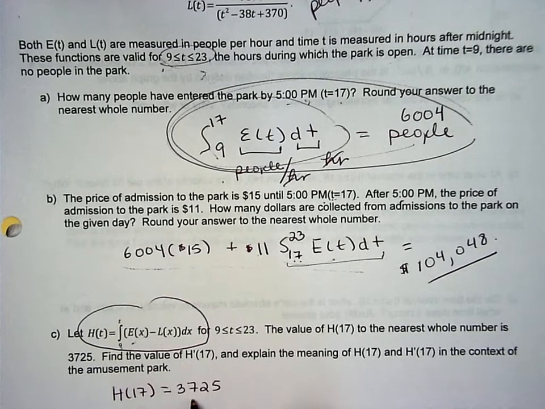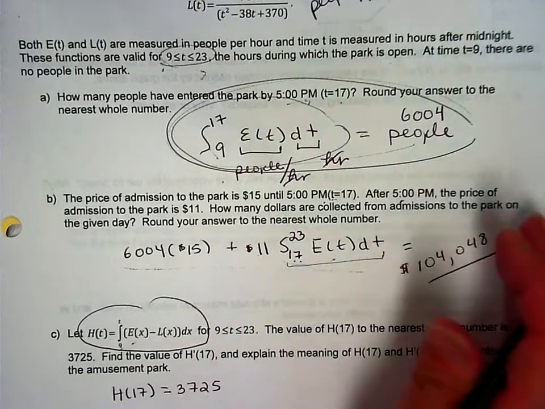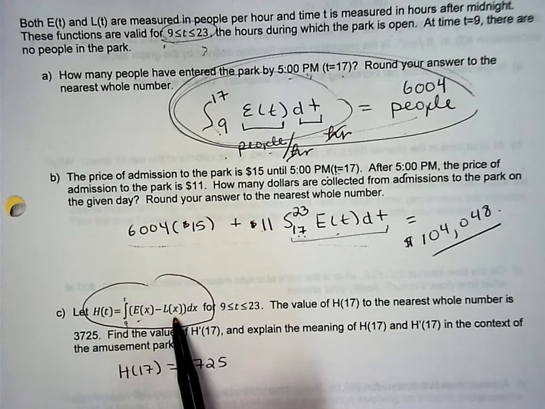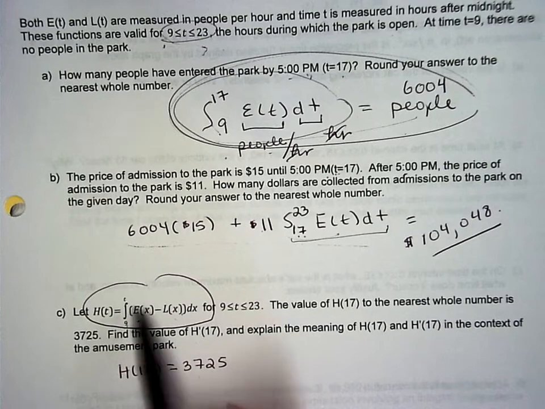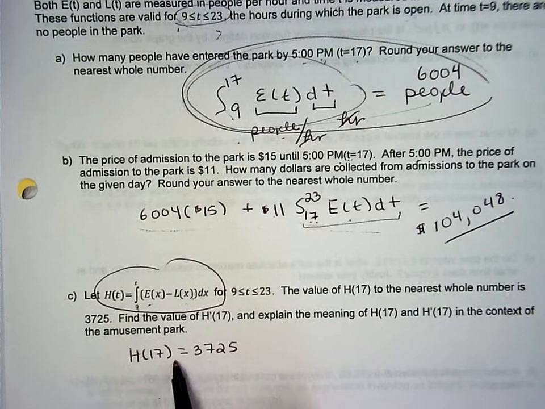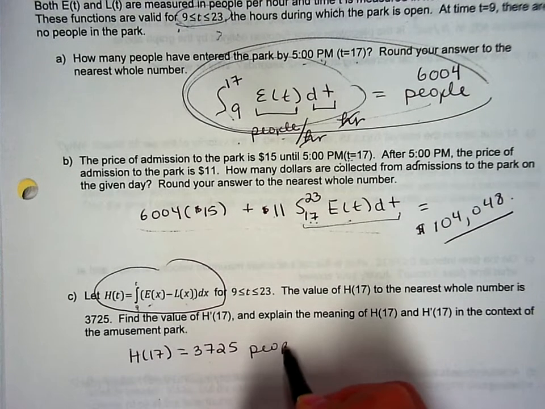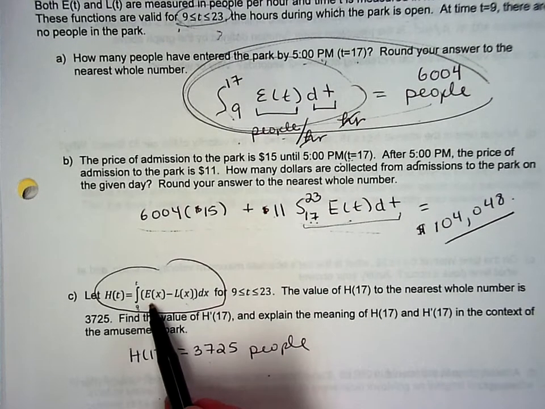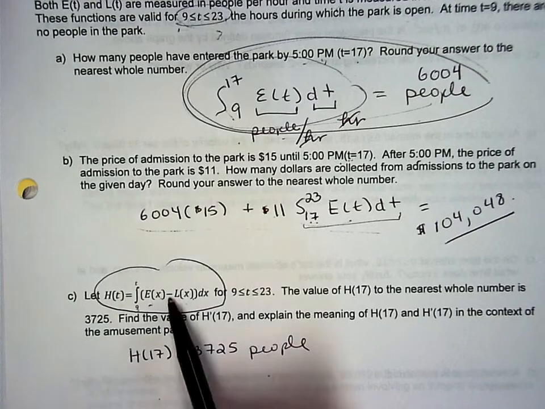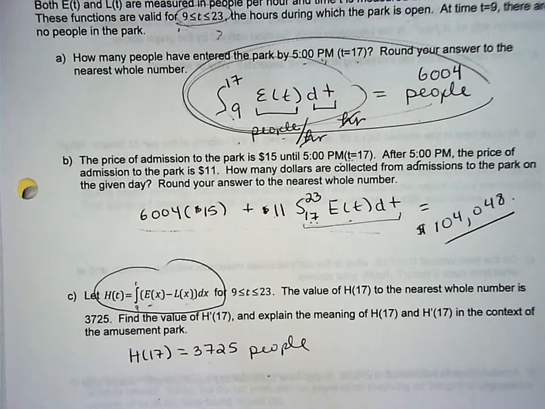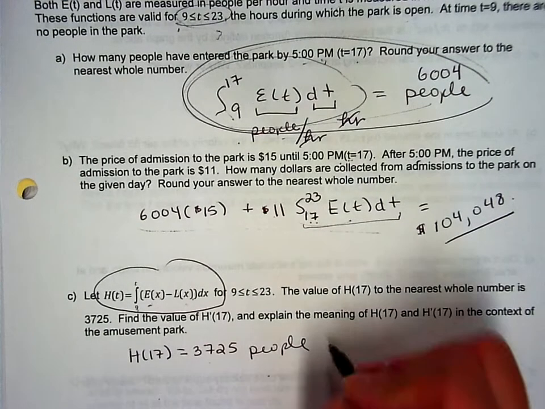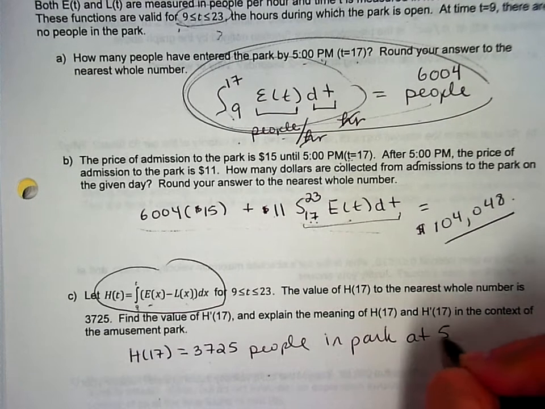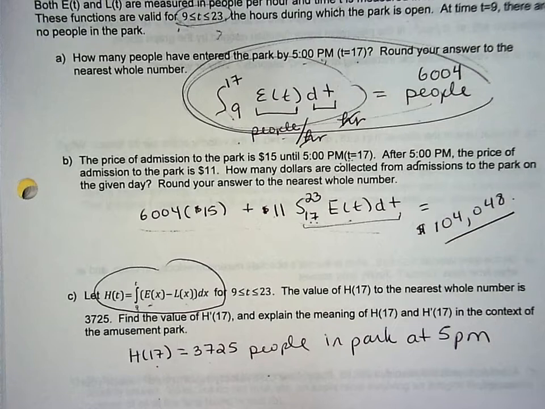So when you integrate E of t, remember up here we get people. If you integrate L of x, they're using x here because they use t here, this is also people. So H of 17, the units on this is people. What this means is this is taking the total number of people who've come into the park, subtracted off the number of people who have left the park. So this is the number of people who are in the park at exactly 5 p.m. because 17 corresponds to 5 p.m.